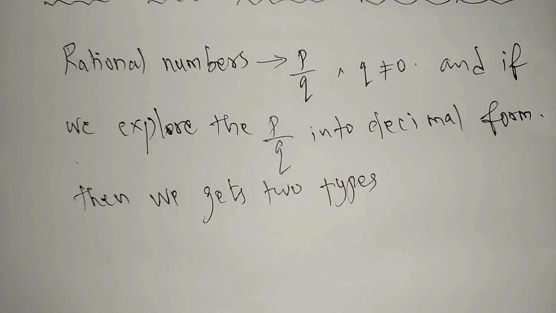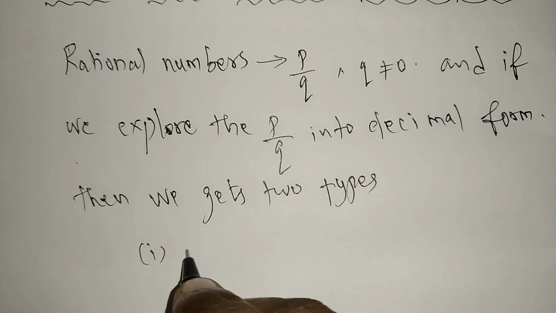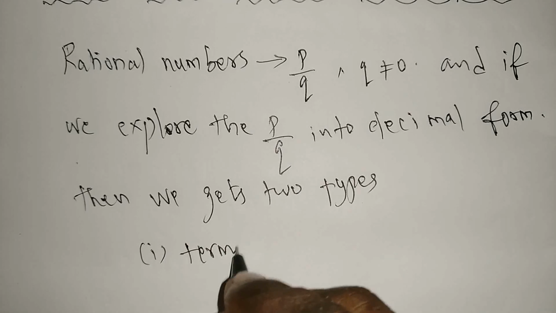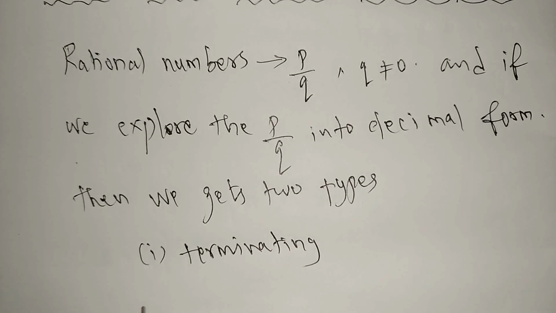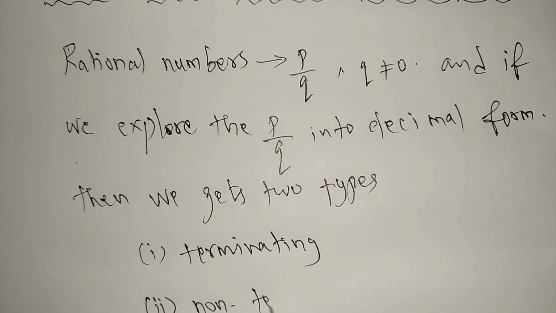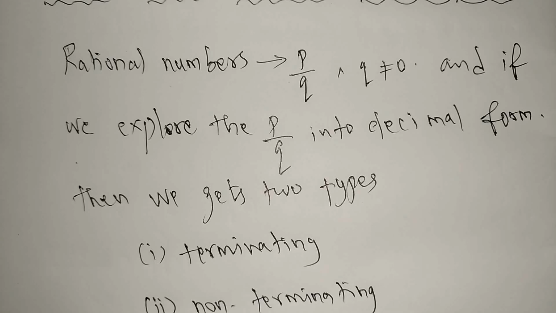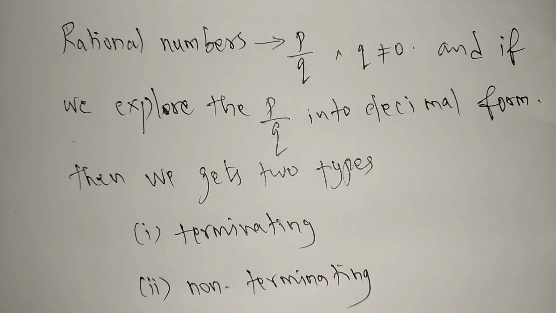One is terminating, and the other is non-terminating. Only these two types we have in the decimal: terminating and non-terminating.